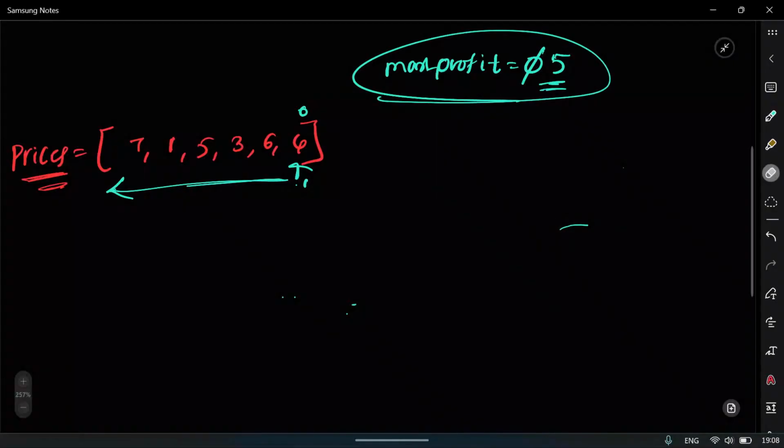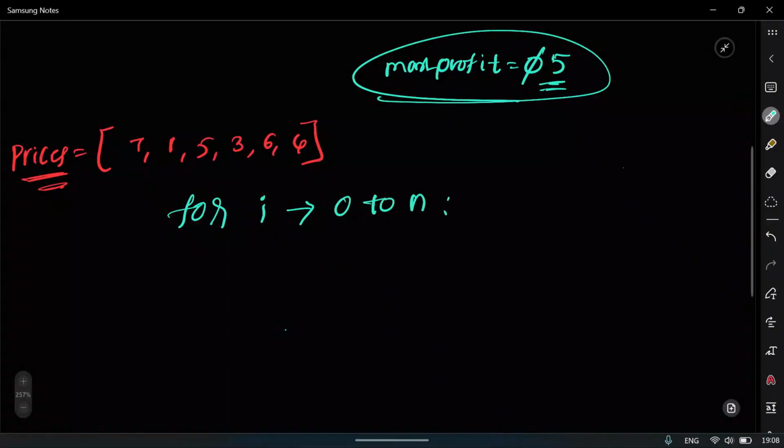Let's quickly write the brute force approach in code form. I have to stand at one index i, which goes from 0 to n, where n is the length of prices, and the second loop, j, starts from i itself and goes till the end.